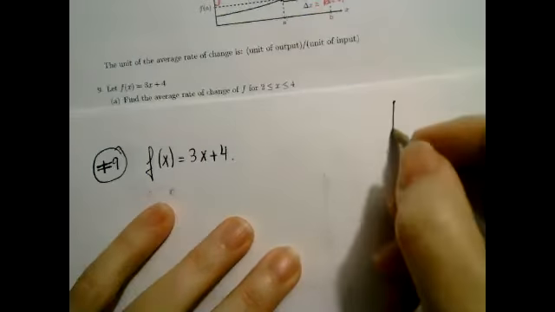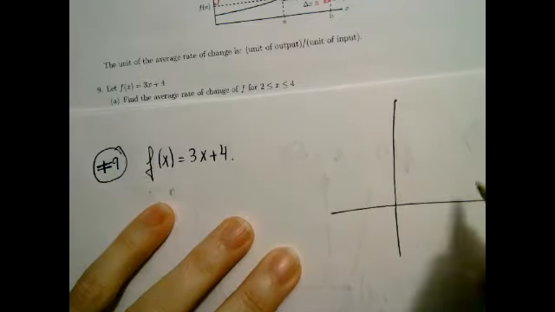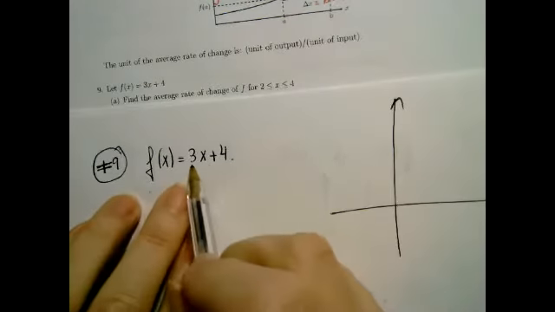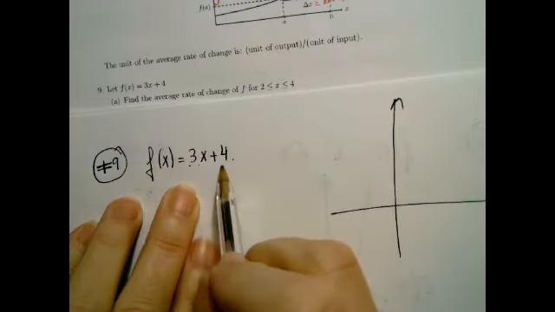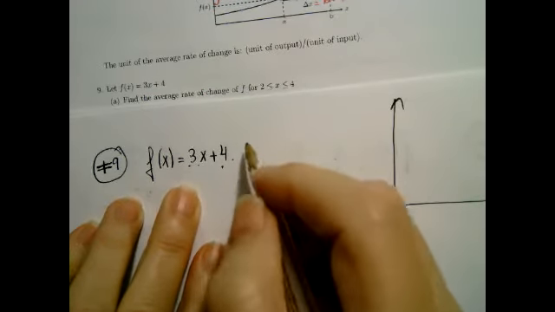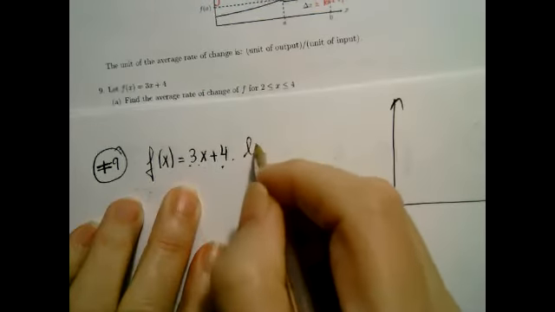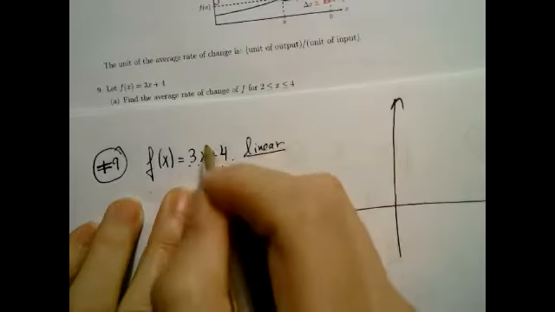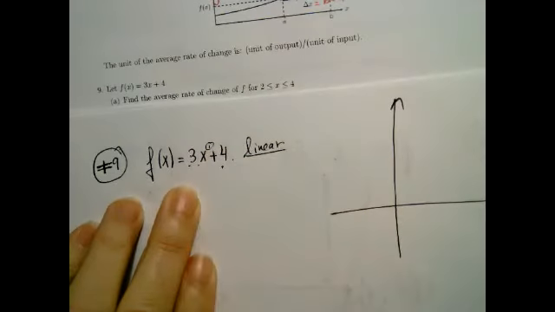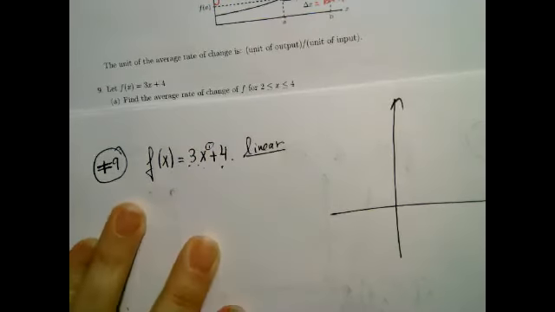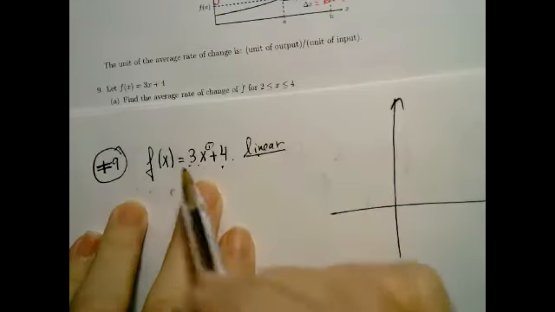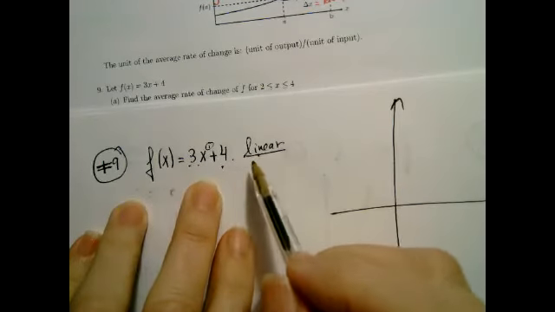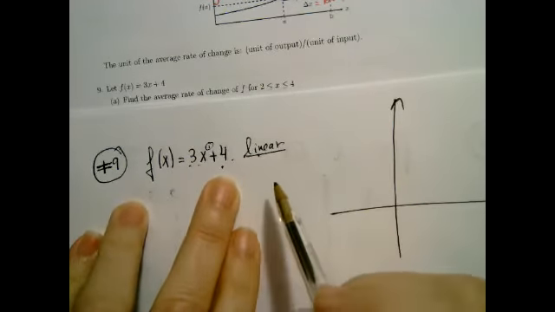Now, a question addressed to you: what did we call this type of function? 3x plus 4. That's a linear function because the power here is 1. It's a constant times x plus 4. If I sit down and graph this function, I'm going to get a line.